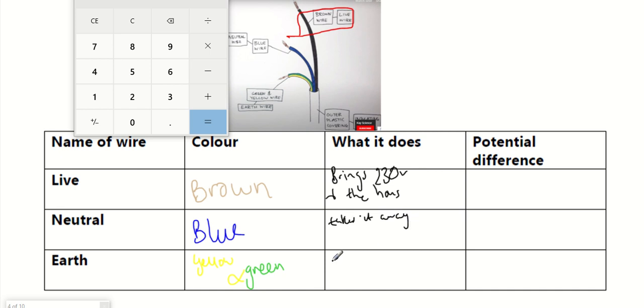The earth wire is a safety feature. The potential difference on this is 230 volts. This is also 230 volts, and this is 0 volts. So that's our mains electricity, filling in that grid on there.